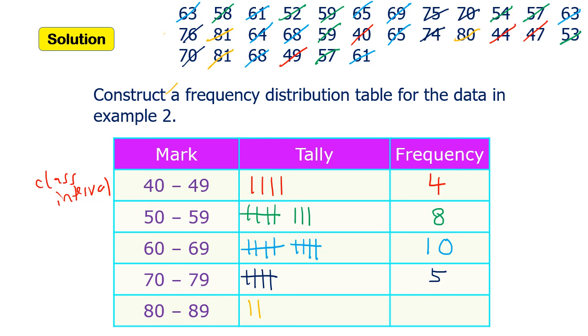So in total 1, 2, 3, we have only 3 between 80 and 89. It's not very clear, the orange color, so maybe I should use a different color. Never mind, as long as we know the total is 3, okay.